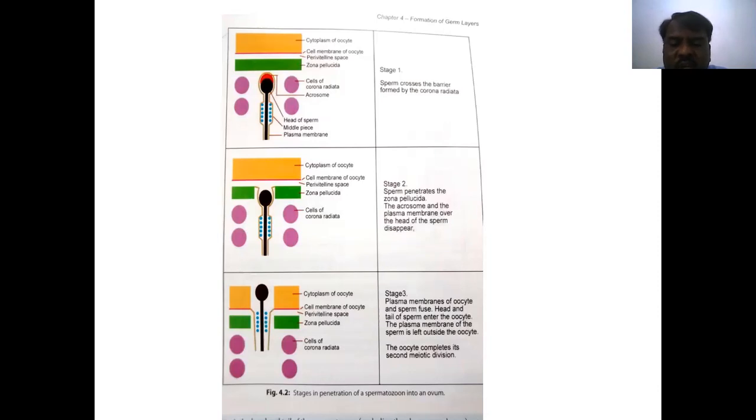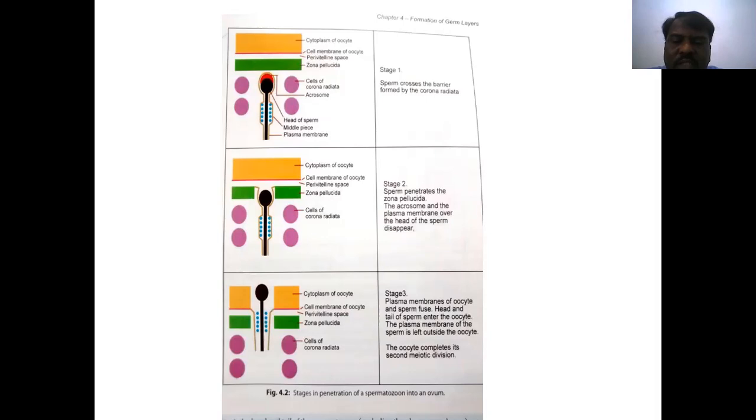Next, the tail and middle piece come outside. Then the zona pellucida automatically reconnects, and the cell membrane covers the ovum. Then in the cytoplasm of the ovum, we can identify two pronuclei, one pronucleus from the mother and one from the father.